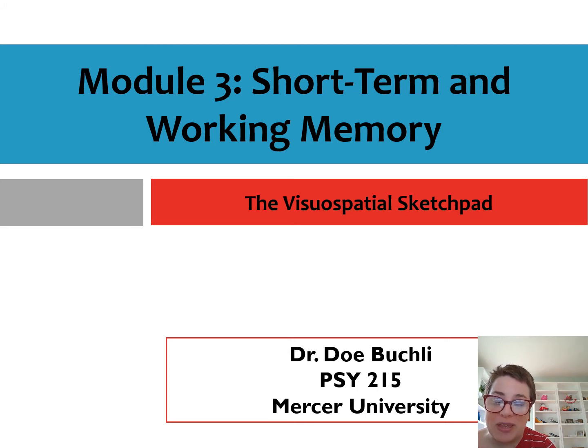So thus far, we have been talking about Baddeley and Hitch's 1974 working memory model. And in this particular video, I'm going to focus on their concept of the Visuospatial Sketchpad, and I'm going to talk about experimental evidence that seems to uniquely support this mechanism.